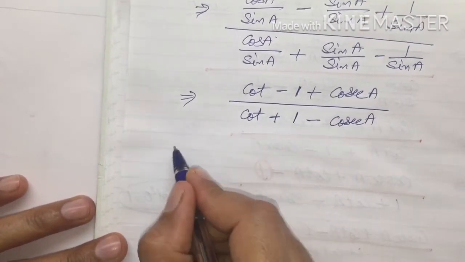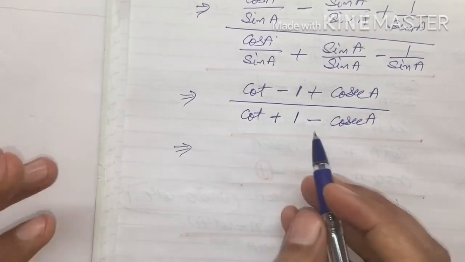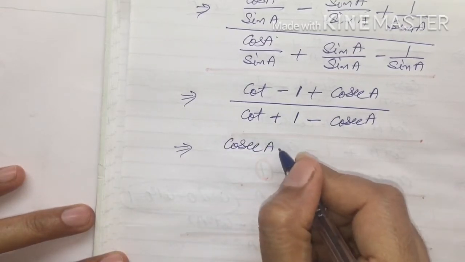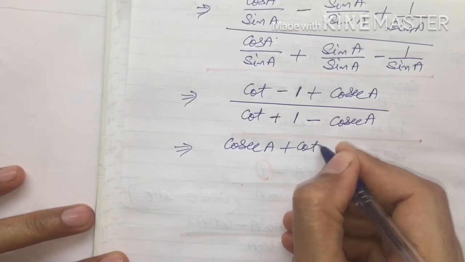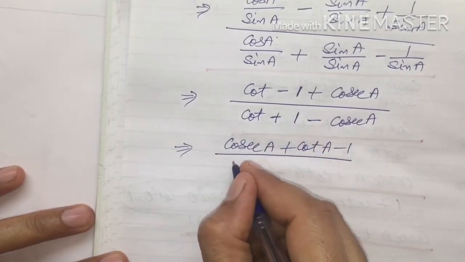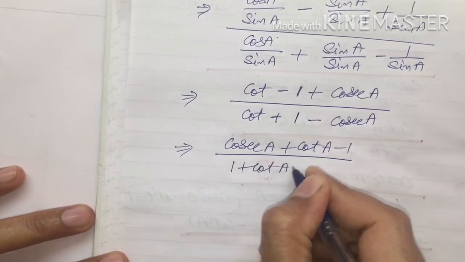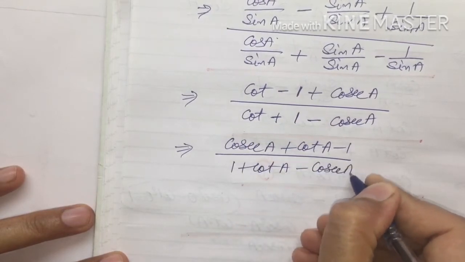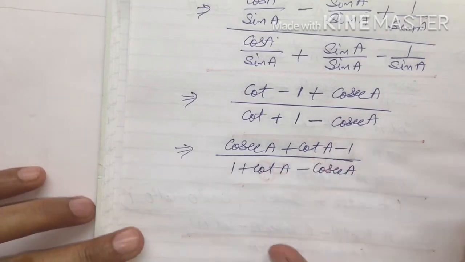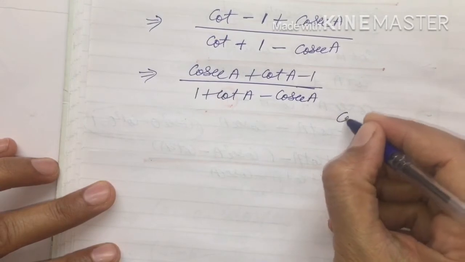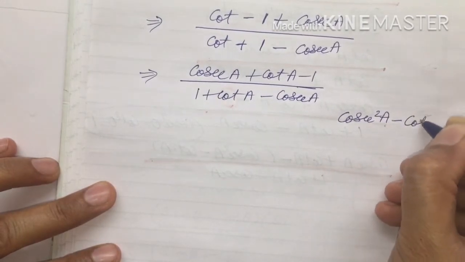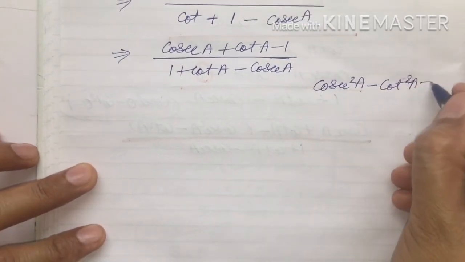So now we have to change the position a little. Cosecant we will write in the beginning: cosecant A plus cot A minus 1, upon 1 plus cot A minus cosecant A. So why did we do that? Because we will use an identity. Which identity am I talking about? As you know, cosecant square A minus cot square A is equal to 1.